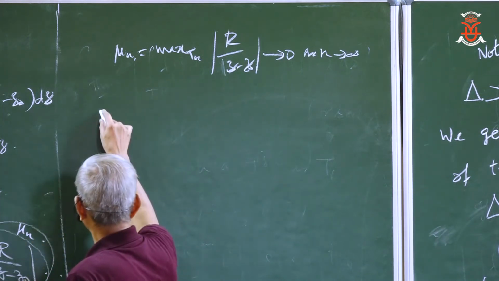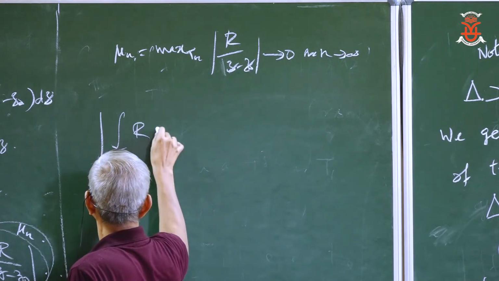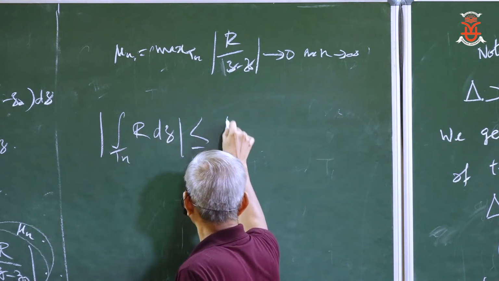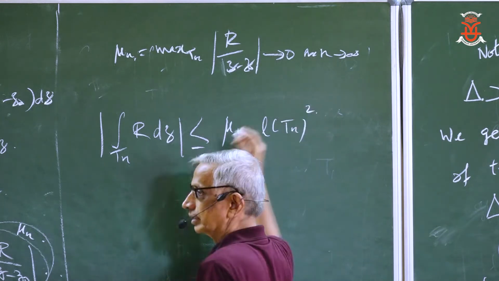So what is the estimate therefore? Mu n length of Tn square.